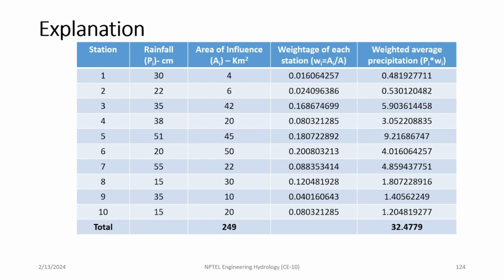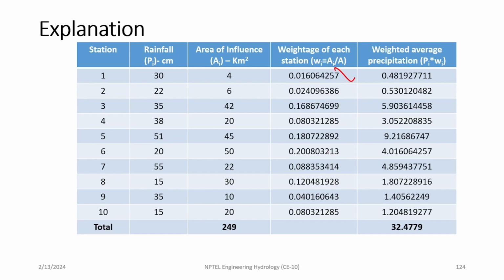So P is 30, then it's 4. So that's 4 divided by 249. Yeah, it's correct, 0.0160. Okay, you got this value, good. Then we multiply by 30.